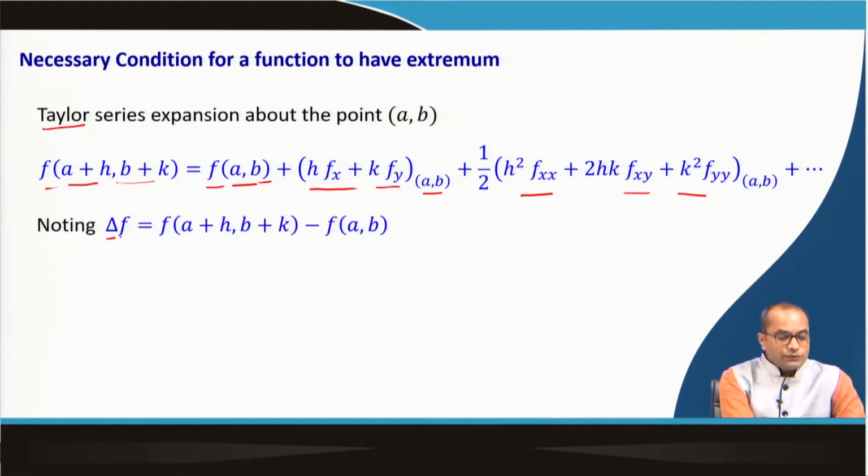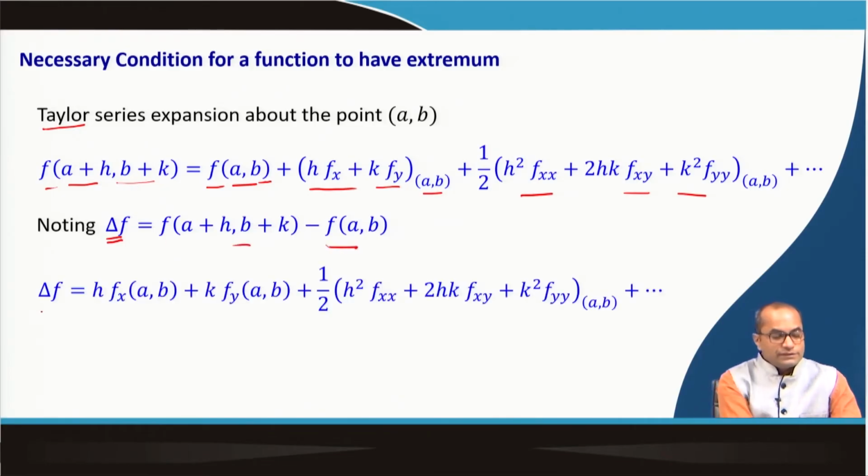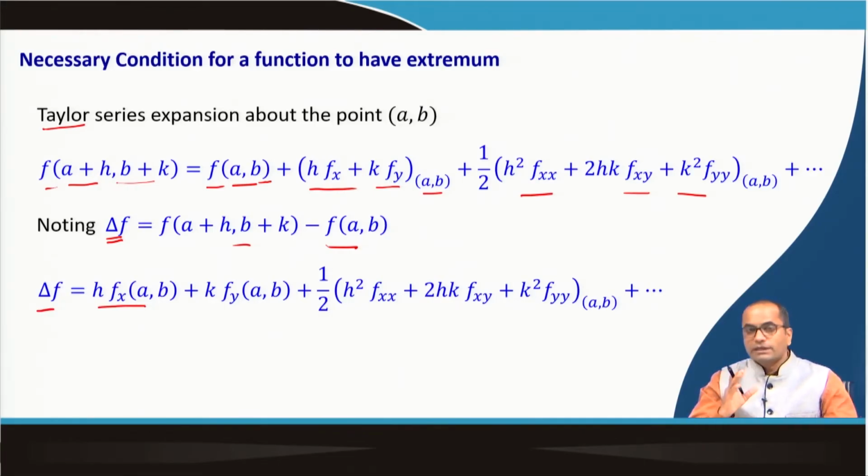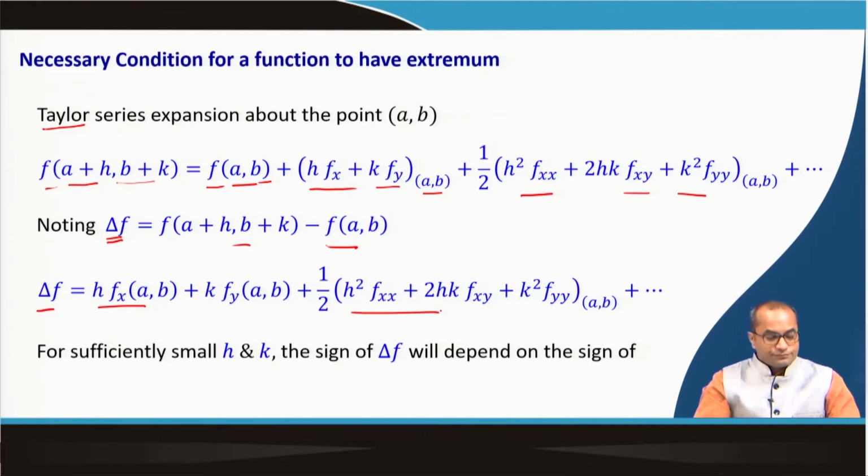Now, we note that this delta f we are denoting by this difference here. So, we have delta f equal to h f_x(a, b) plus k f_y(a, b) and these higher order terms.